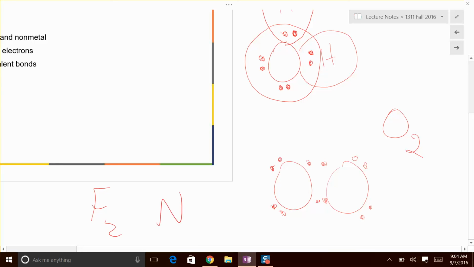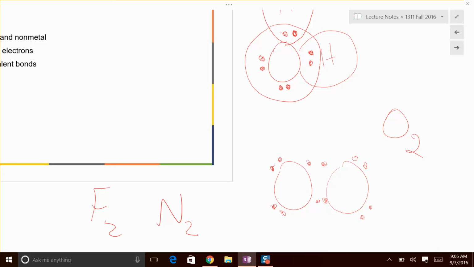F2. Nitrogen does not exist as a single nitrogen. N2. They find each other and bond to each other. The nitrogen in the air that fills our atmosphere is N2. So they are satisfying their octets by bonding with one another and becoming stable in that way.